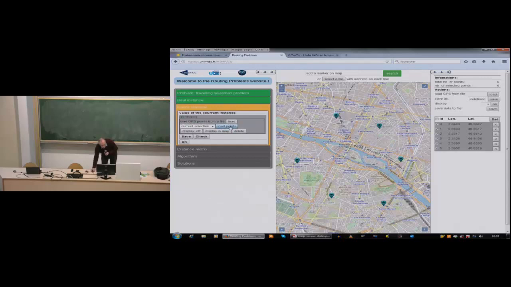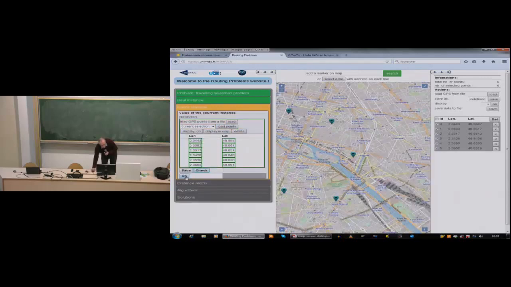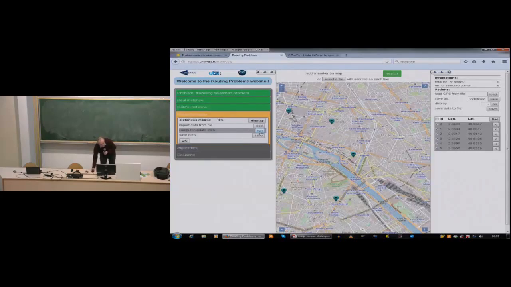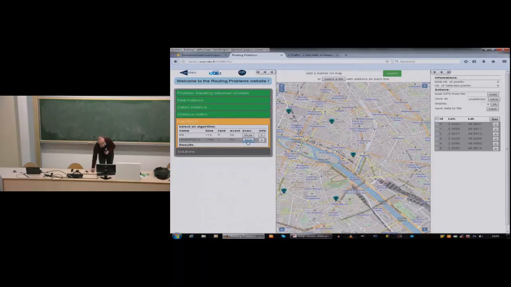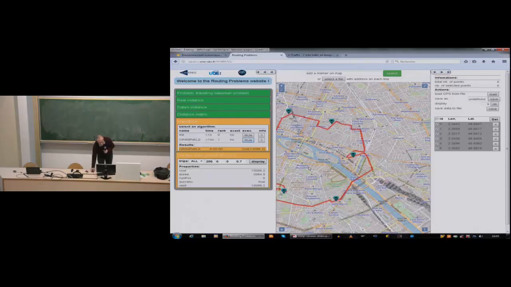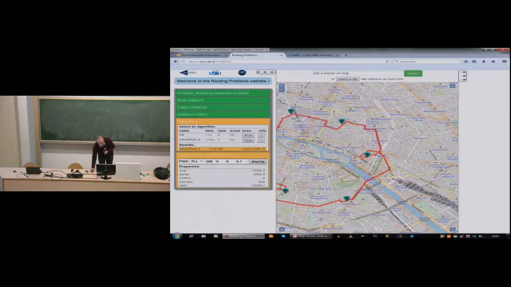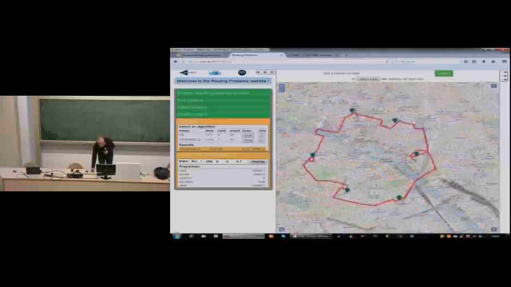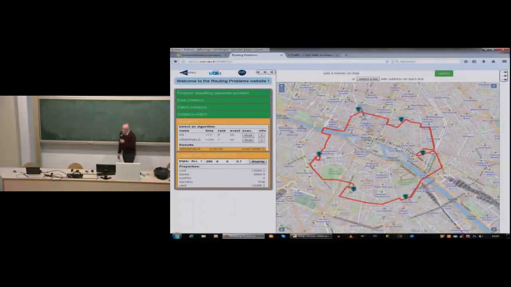So you can load the points here and check everything is okay. And if you calculate the distance matrix, it does not work. We don't know why. So let's try again. Oh, it worked. And then you have the TSP here. You see, this is the TSP using the real distance, using the one-way streets.